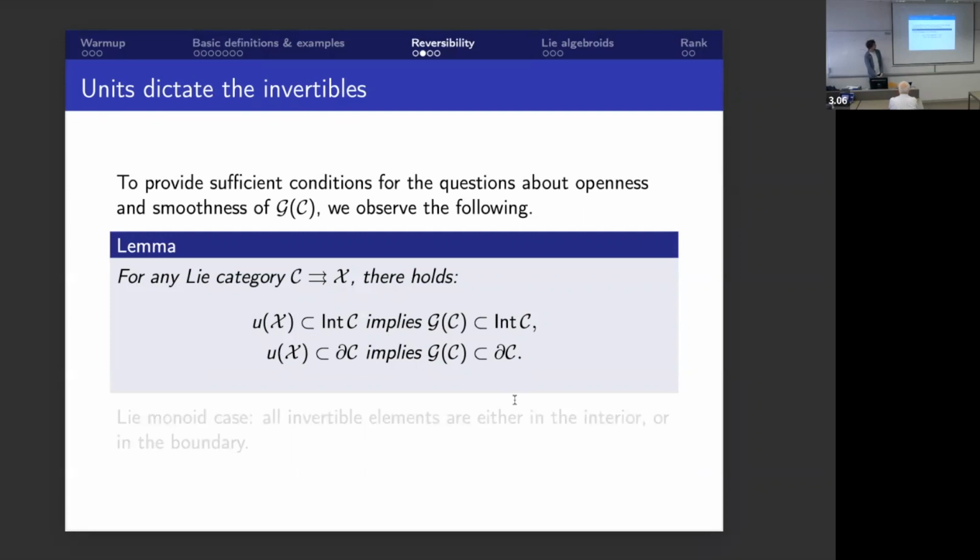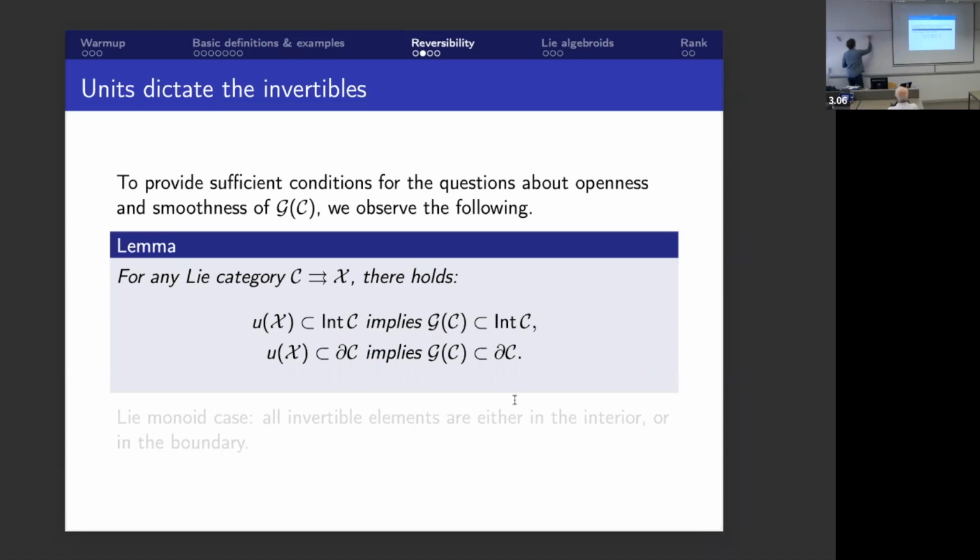What this lemma is saying is that in any Lie category, if all of the units lie within the interior, then all of the invertible morphisms are going to lie within the interior as well. And if the units lie on the boundary, then all of the invertibles have to lie on the boundary. It might seem abstract, but in fact, it's really simple. So why is this simple?